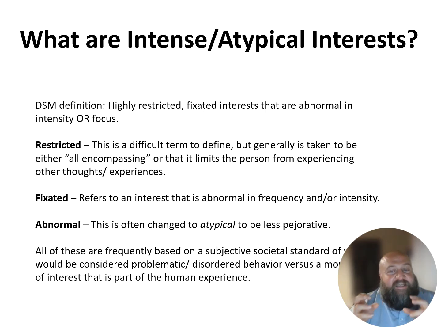So in the DSM, they're trying to change abnormal to atypical, or non-normative is another way of saying it. All of these are frequently based on a subjective societal standard, and that's an important thing to know. That's a key feature of a lot of things in the DSM: you have to base it on some kind of cultural norm or typical standard.